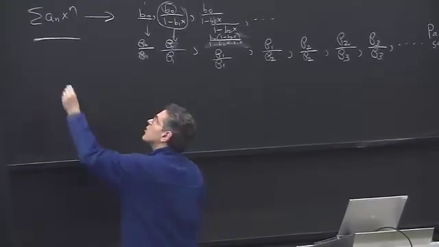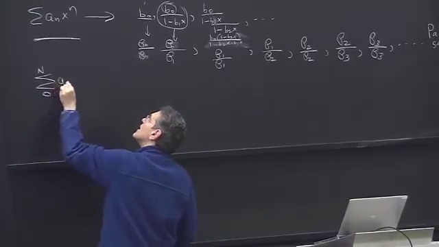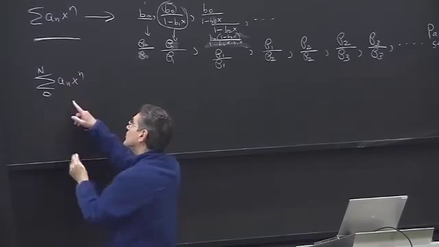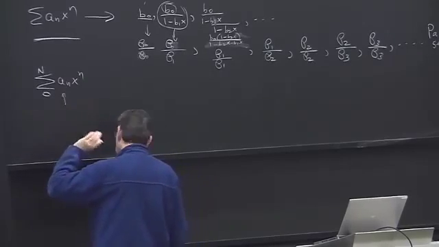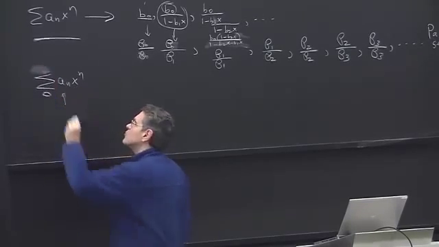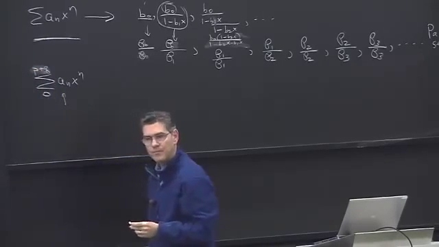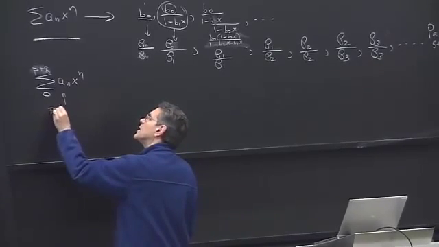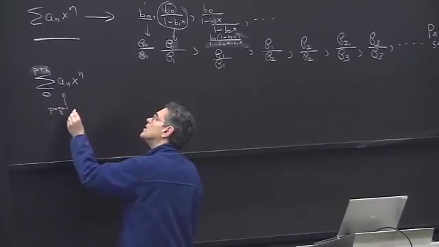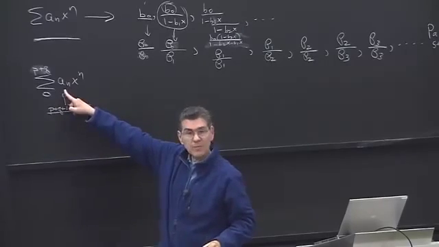Okay, so let's take the sum from 0 to n of a_n x to the n. Rather than n terms, let's take p terms plus q terms. Okay, so altogether, there are p plus q plus 1 terms here. So there are p plus q plus 1 numbers a sub n.